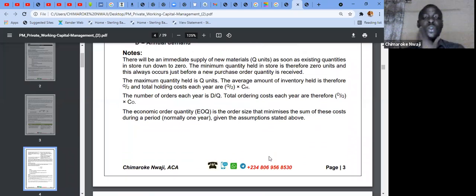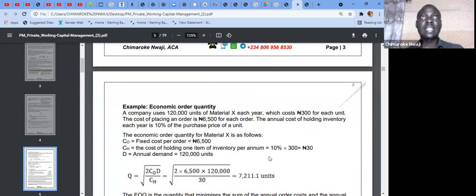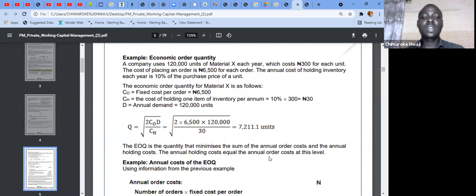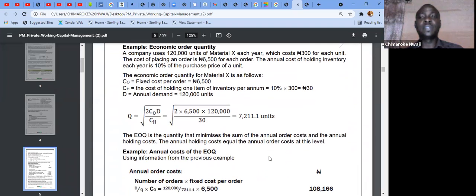So we're now going to look at an example of economic order quantity. A company uses 120,000 units of material X each year, which costs 300 naira for each unit. That's the purchase price. Of course, we are going to ignore this purchase price because no matter how many units you order, this price will not change.